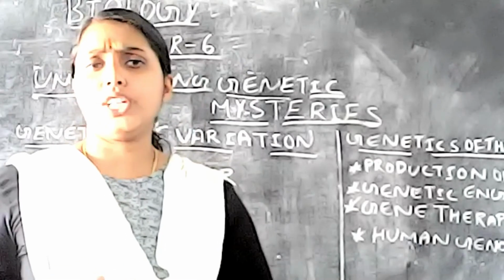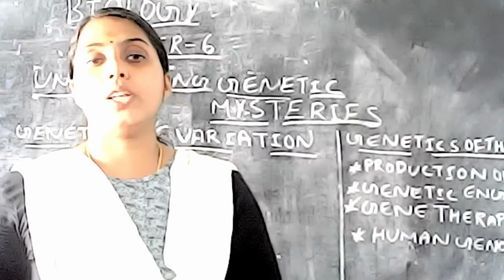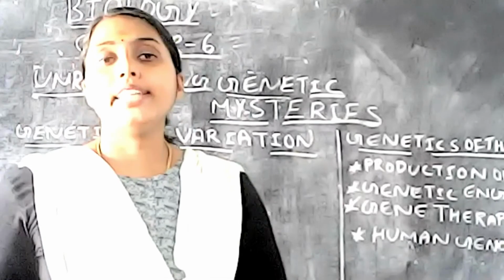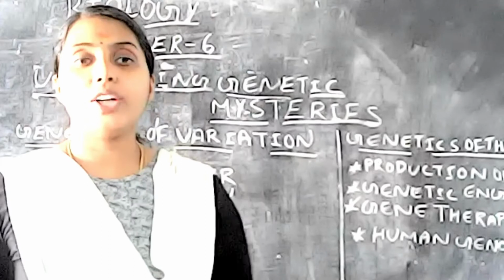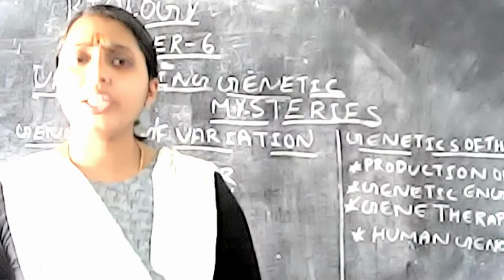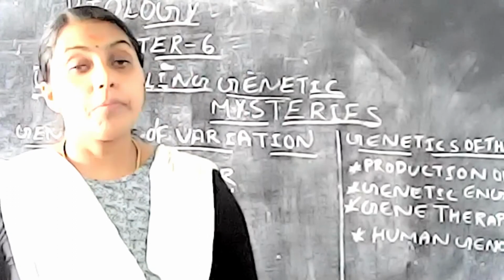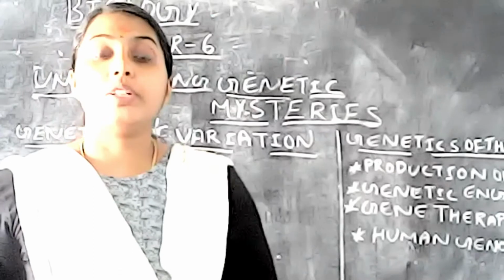The technology of using these microorganisms is known as biotechnology. It's clear for you. And in genetic engineering, the trait of an organism, or the character of an organism, is controlled by removing the gene and replacing it with another gene instead of that.